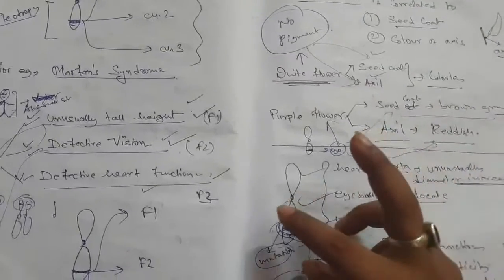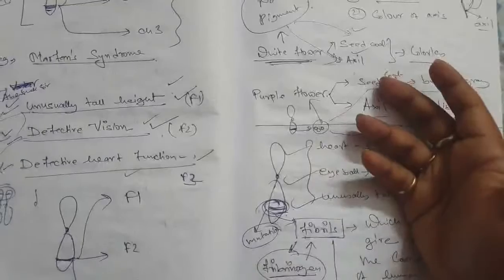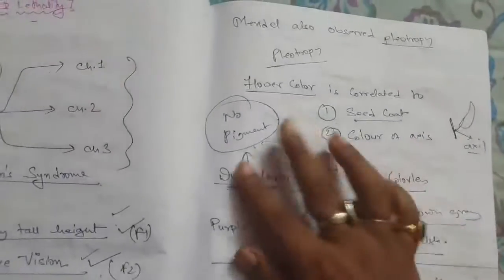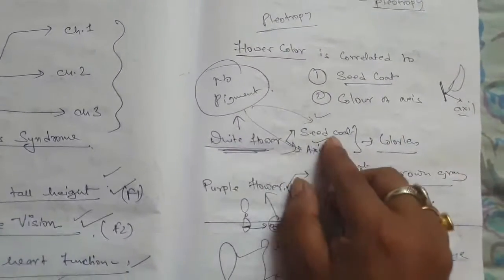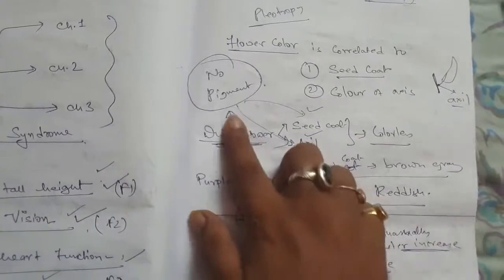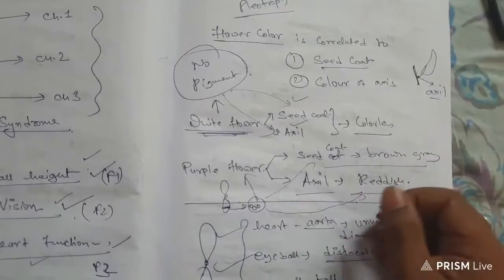Many people confuse pleiotropy with lethality, so that also I explained. Mendel observed it. Flower color was correlated with seed coat. Okay, whenever a white flower was coming, there was no pigment, and the seed coat also was colorless, and the axil was also colorless.